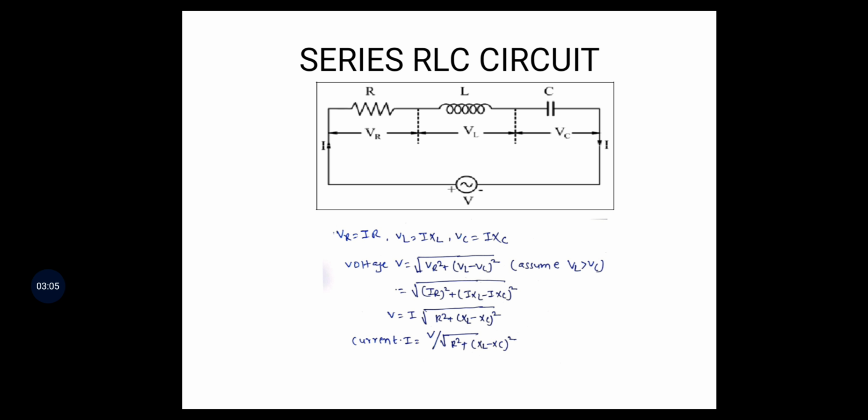Here VR equals IR, VL equals I XL, where XL is the reactance of the inductor, and VC equals I XC, where XC is the reactance of the capacitor. XL equals omega L and XC equals 1 by omega C. That means XL equals 2 pi fL and XC equals 1 by 2 pi fC. These two, L and C, are frequency dependent elements.